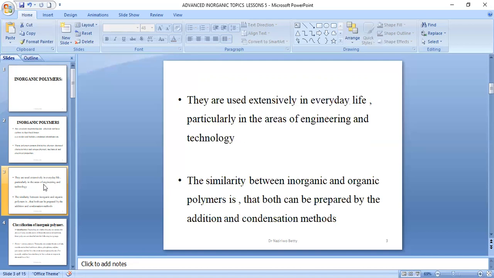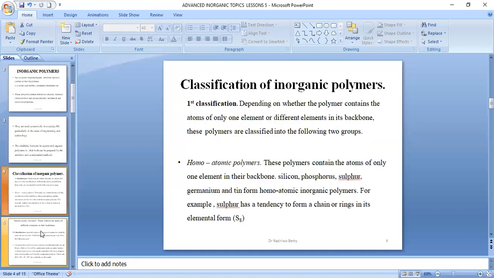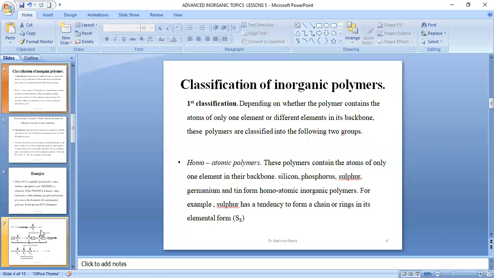The similarity between inorganic polymers and organic polymers is that they can both be prepared by addition and condensation methods. Classification. The first classification depends on whether the polymer contains the atoms of only one element or different elements in its backbone. These polymers can be classified into two groups.